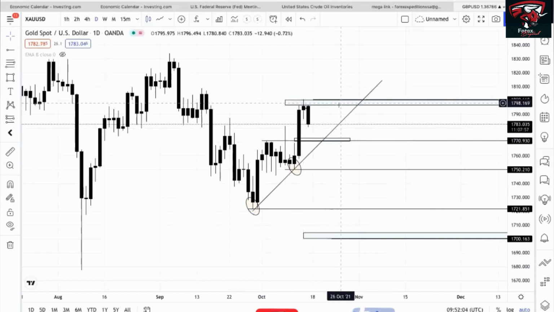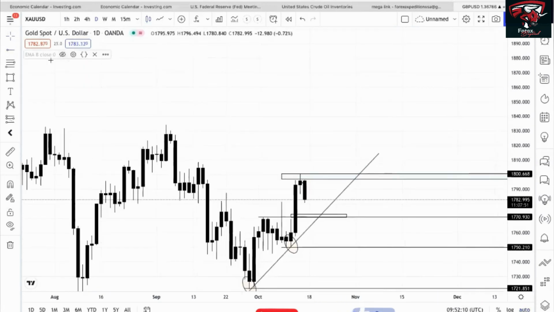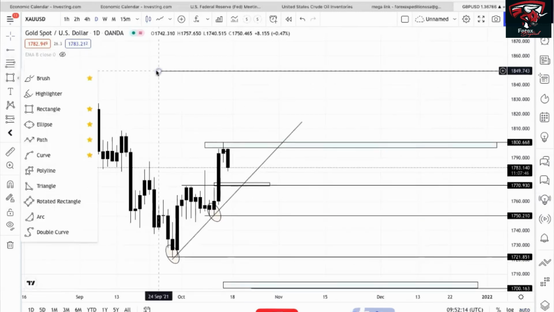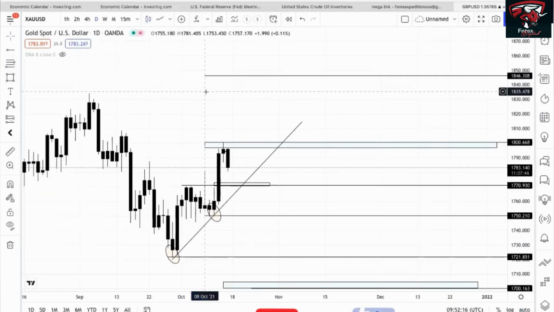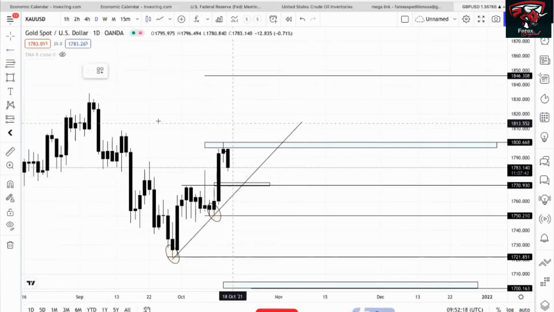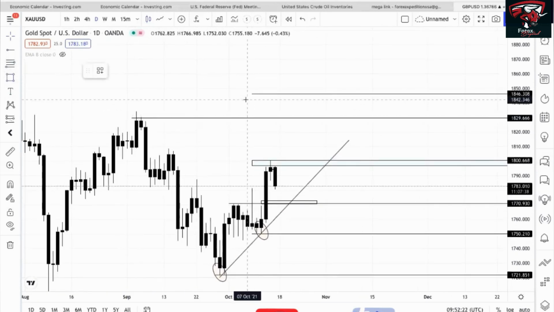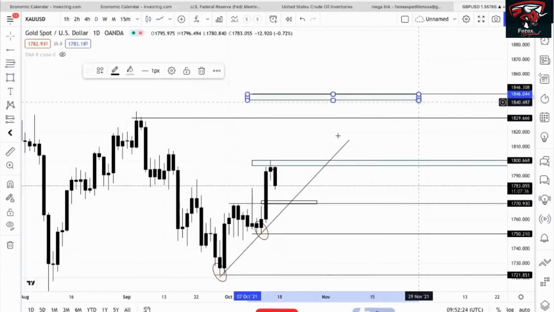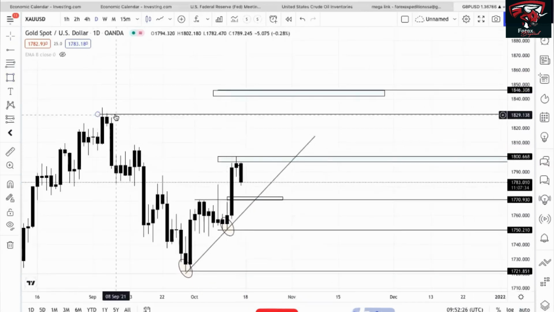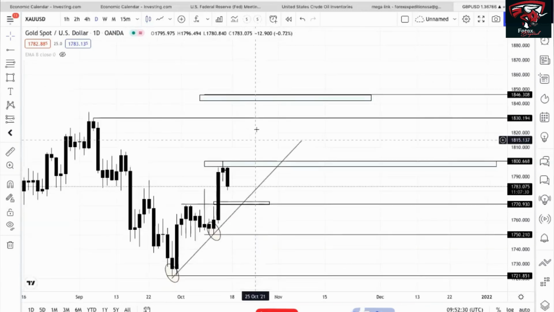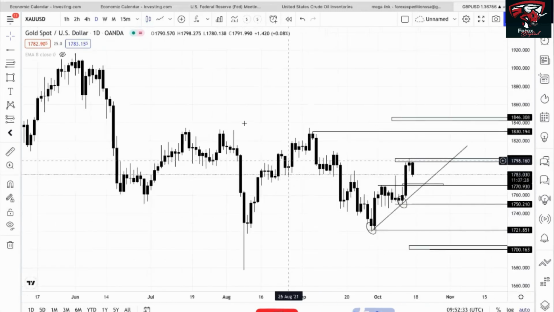If it breaks it, we're buying the price all the way to 1,850, because that's the closer key level. Now, we would take partial profit when the market gets here because the market stopped around that area. So we would take partial profit and leave the rest of the profit to run. That's my trading strategy.